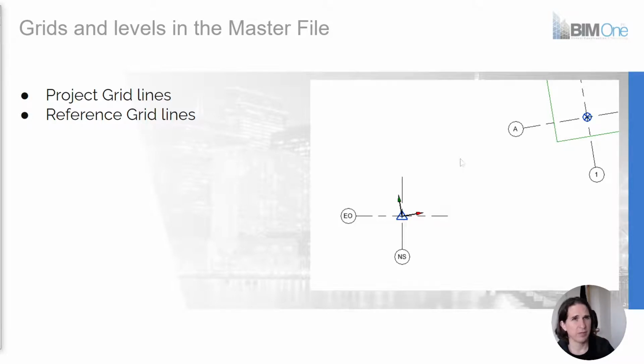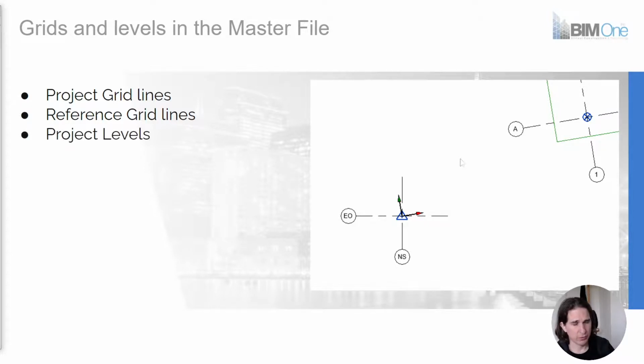The idea is to have the internal origin and the survey point on the master geodetic marker and to have reference axes on this point. It doesn't matter if things move later and the marker is no longer on that specific point; the idea is to be able to understand the history of the master file.